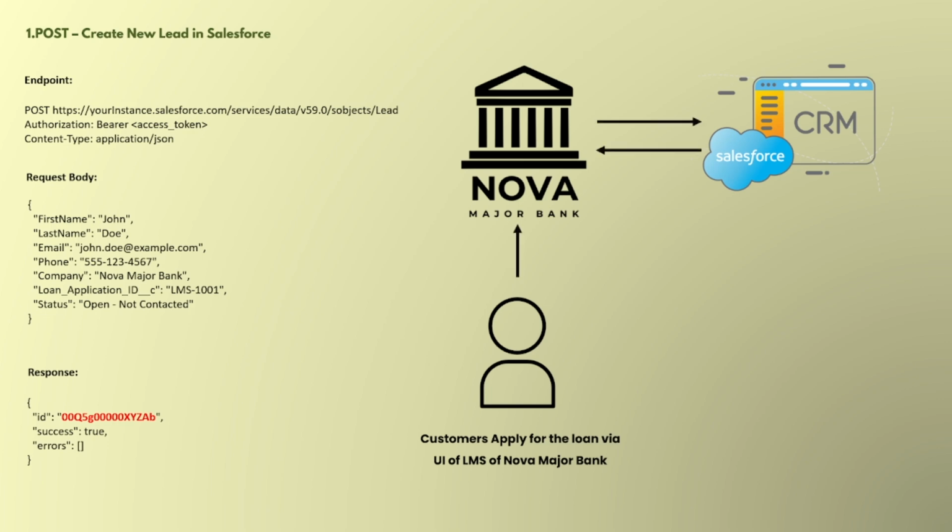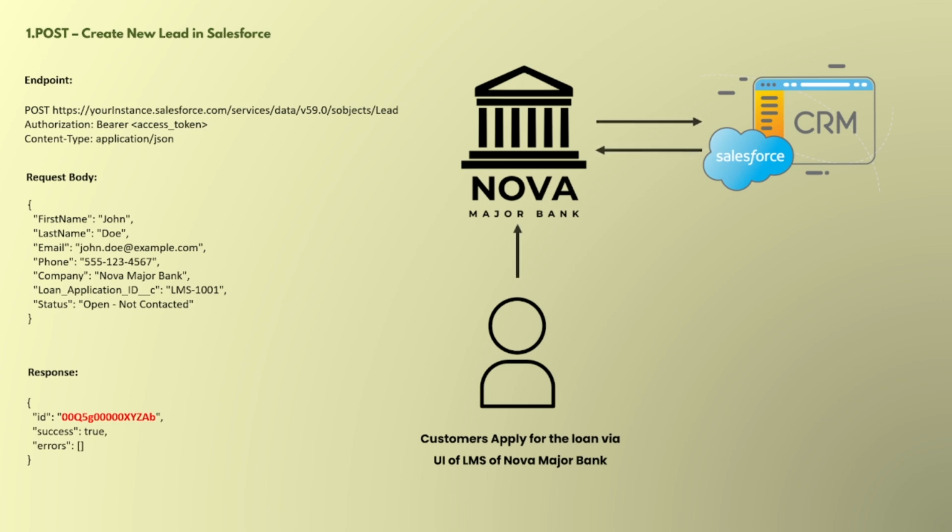There might be thousands of Johns in the world, so they will not identify John's customer record on the basis of the name. On the basis of the unique ID, which is in red, everything will move around. In this way, using the endpoint and providing the request body, the customer's data is saved into Salesforce, and Salesforce tells Noah Major Bank that the data is saved and has this unique ID. Using this ID we will communicate further, whether it is deleting or updating data, whatever.